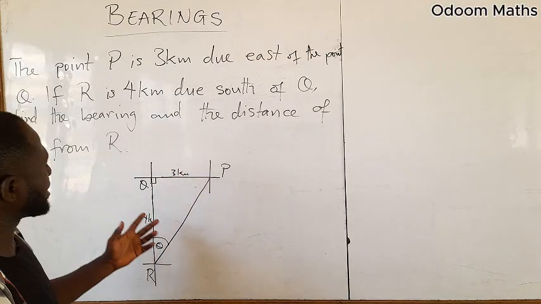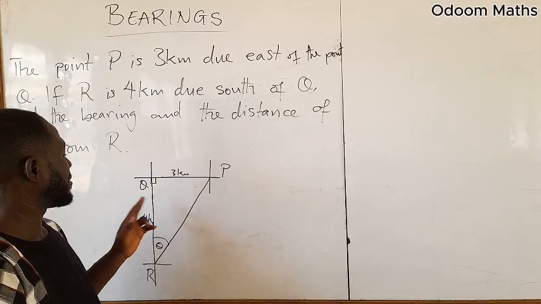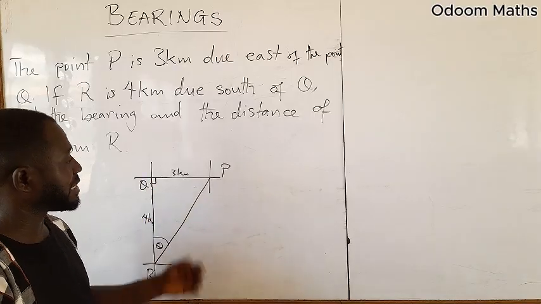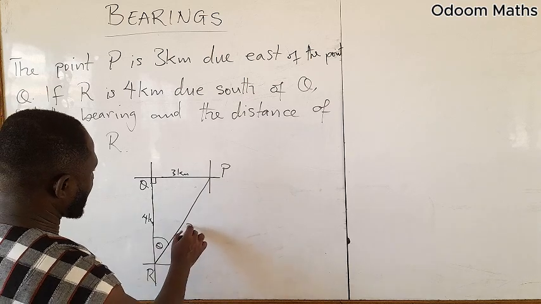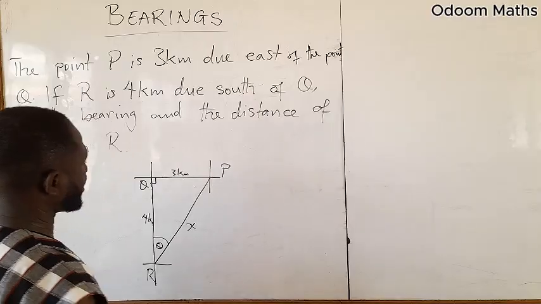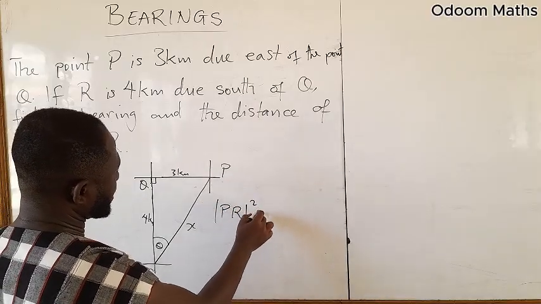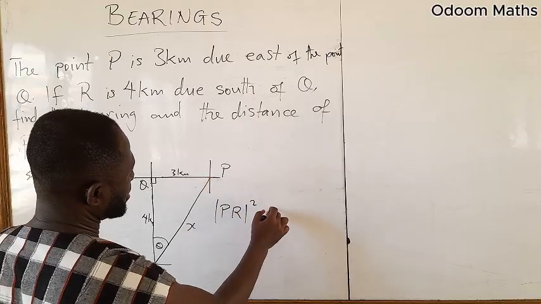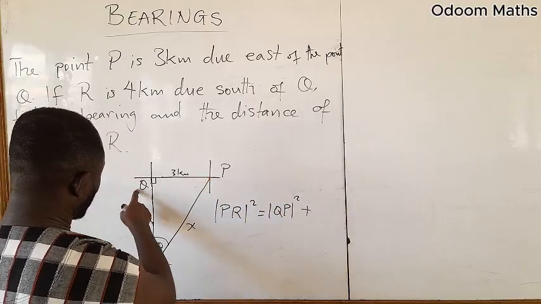So we can look at the Pythagorean triplets. That is 3, 4, 5. So here we definitely have 5. But let me call this side x, and let's go by the Pythagoras theorem. For the Pythagoras theorem, the line PR, so PR squared is equal to QP squared plus QR squared.